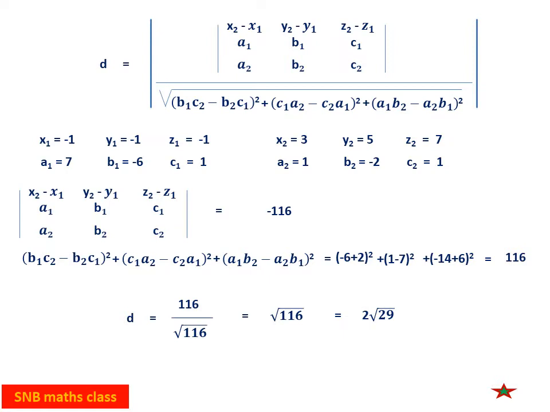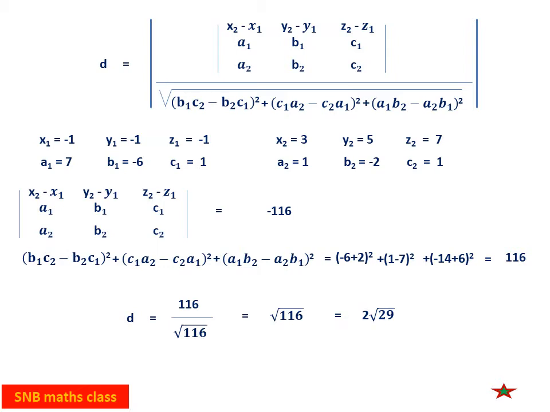See the difference: when you use the Cartesian form, the formula is very big, but when you use the vector form, the formula is small. There, of course, you have to remember b1 cross b2, which is also a determinant in terms of i j k, and then a2 minus a1, then the dot product, then the magnitude of b1 cross b2. That is one method. Here it is not like that.